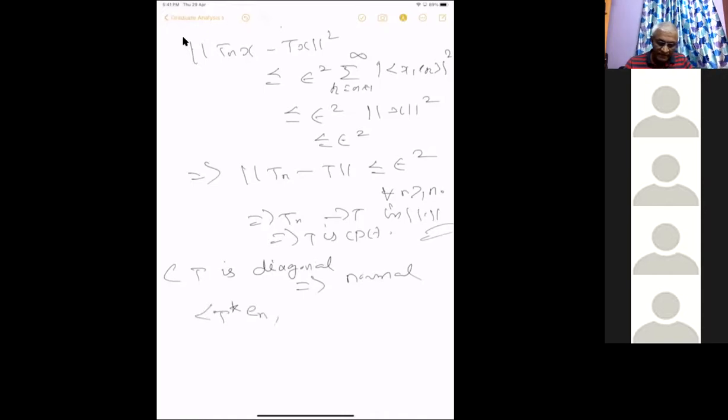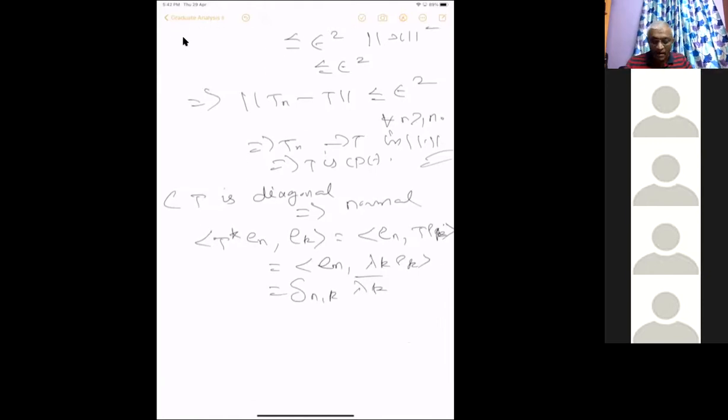With any e_k, <T* e_n, e_k> equals <e_n, T e_k>, which is equal to <e_n, lambda_k e_k>, which is equal to delta_nk lambda_k bar. Because it's an inner product, it will come out as lambda_k bar.